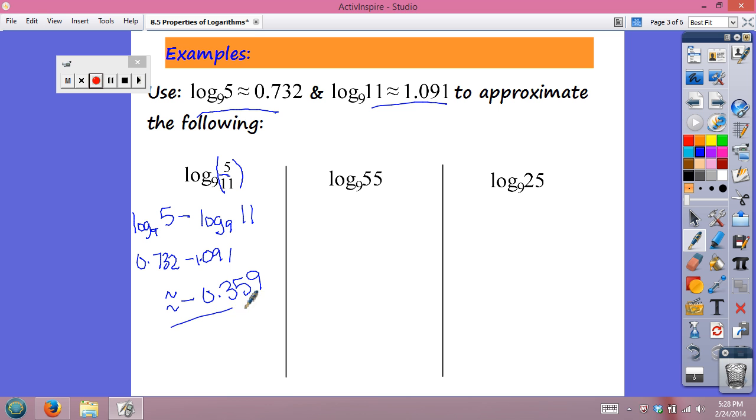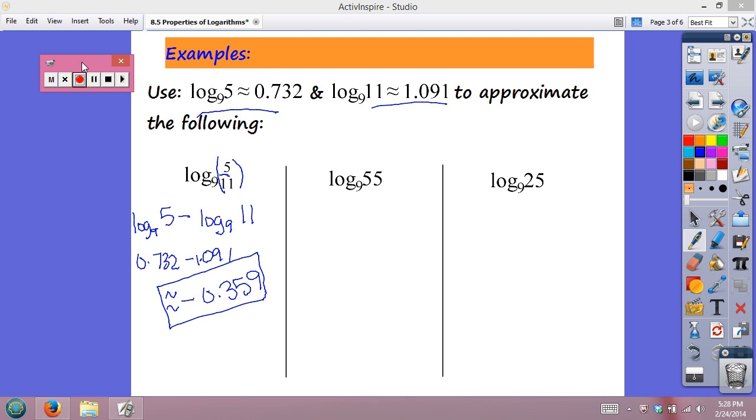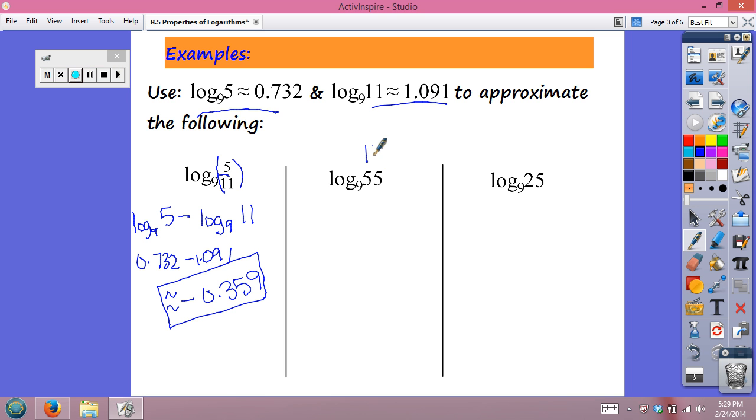Okay, so that is how we use our quotient property. This one says log base 9 of 55. How are we going to take our 5 and our 11 and get 55? Can we do that? Yes, we can. This 55 is the same thing as 11 times 5. So if we have 11 times 5, we know we're using the product property.